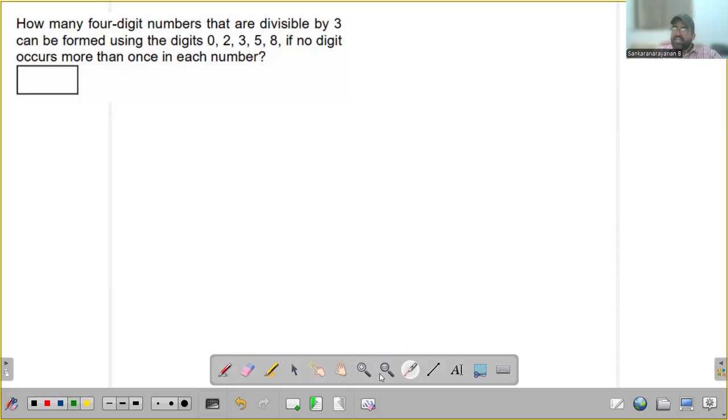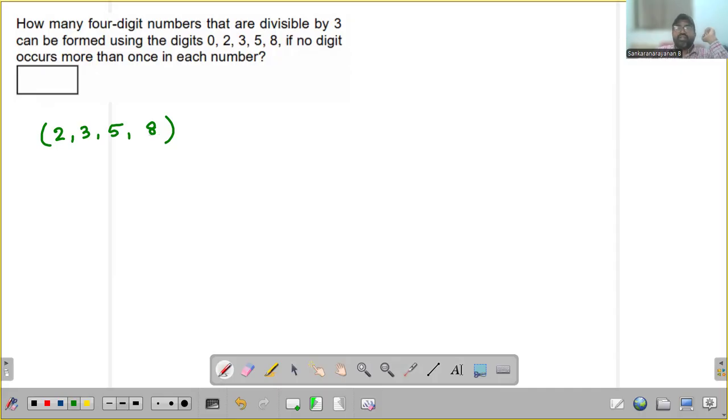Okay, so first let me add 8 plus 5, 8, 9, 10, 11, 12, 13, 14, 15, 16, 17, 18. So the total is coming as 18. Okay, so 2, 3, 5, 8. That is one particular combo you can think of. So in how many different ways can you arrange those 4 digits 2, 3, 5, 8?